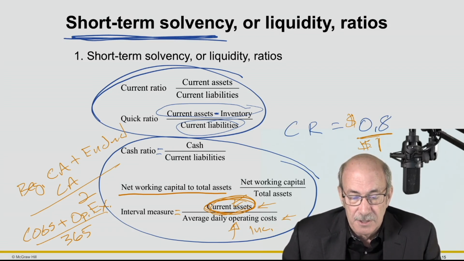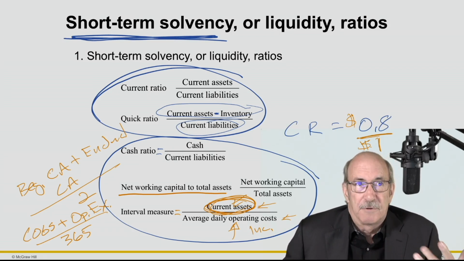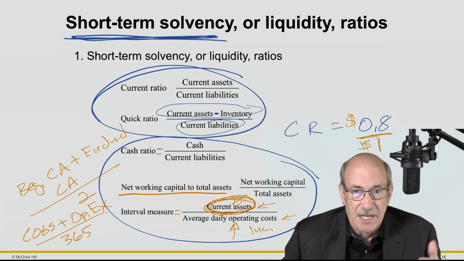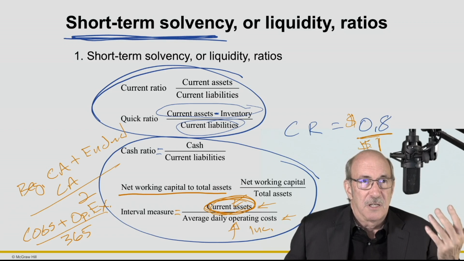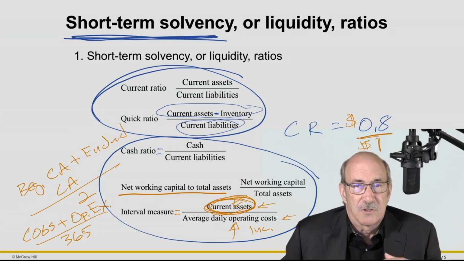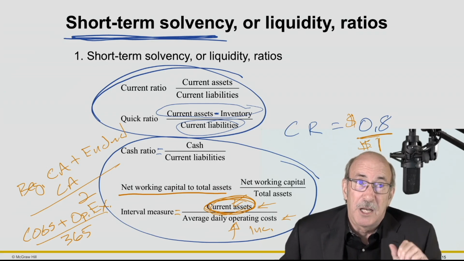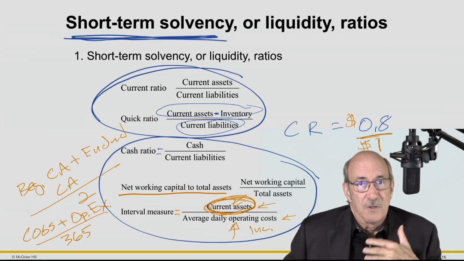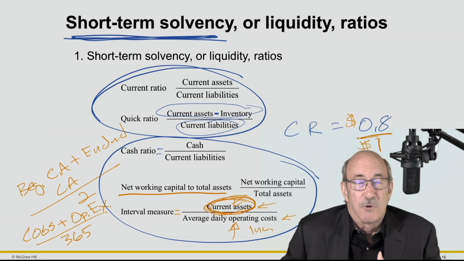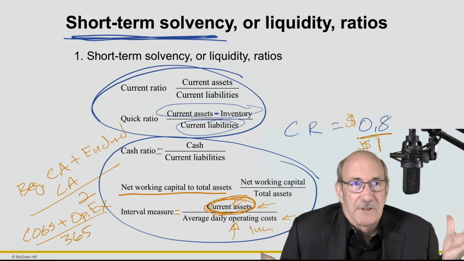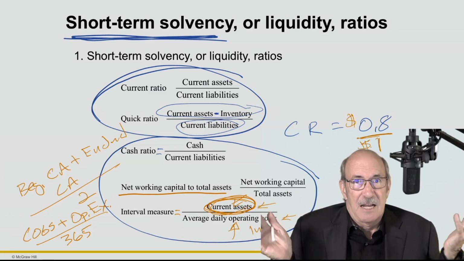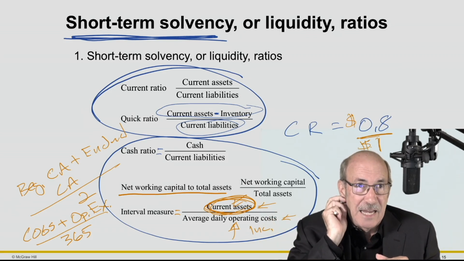So if we end up with 200, 300, 400 days, whatever the number of days is, usually the higher means the better financed or the more solvent the company is. Now, we want to be a little bit careful there because we also want to use those current assets efficiently. We don't want to have a whole pile of cash sitting there because cash doesn't do anything. I mean, cash is cash.